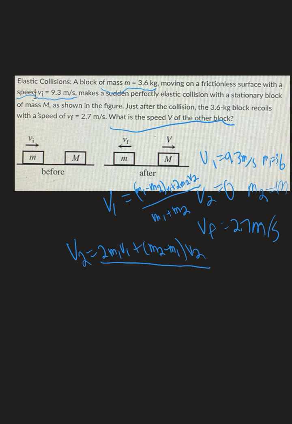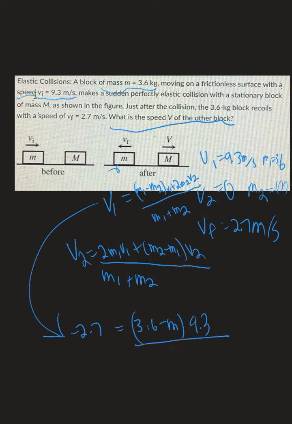V2. And then that's going to be over M1 plus M2. So now we put it all in. 2.7 negative, because it's going left. Minus M, 9.3 was the velocity given, 3.6 plus M. So the mass of the other one is 6.54, which is also 6.6 meters per second. That's the answer.